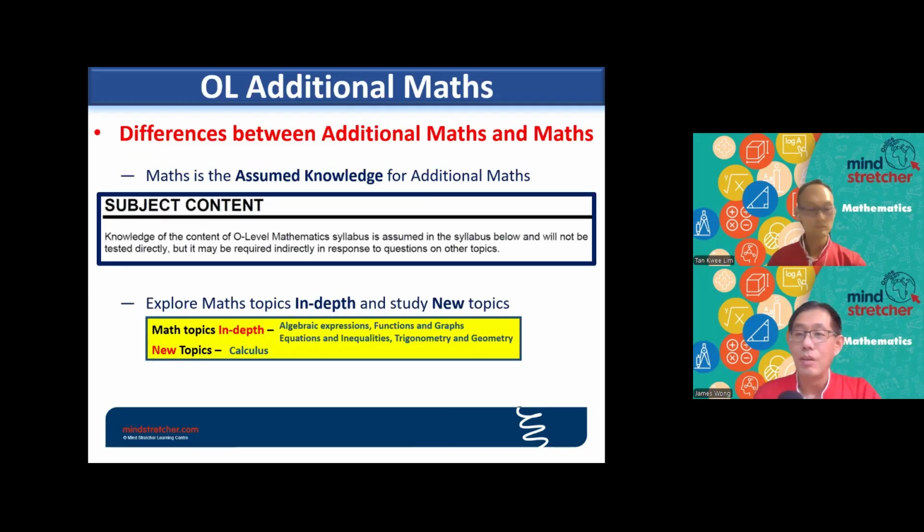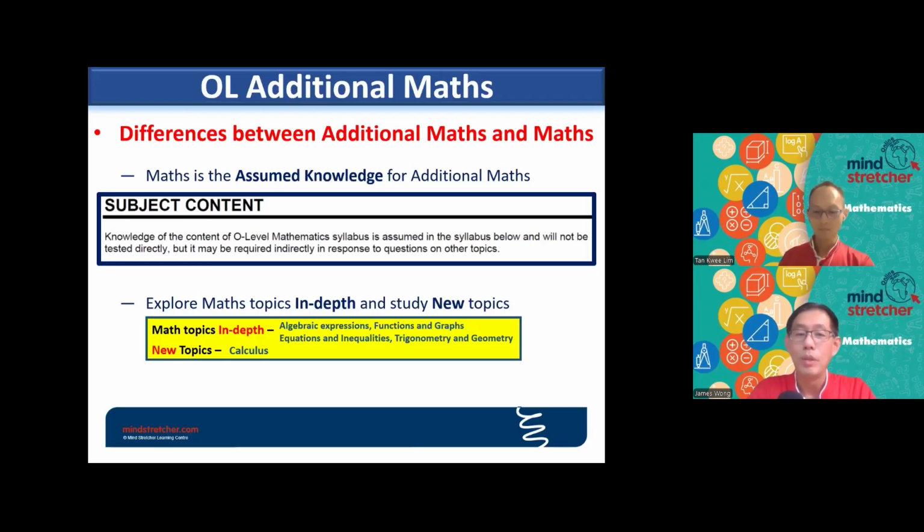Okay, now the next part that I want to share with all is with regard to the differences between additional math and mathematics. These two subjects that your child is taking in school have a couple of differences from different aspects. So I'm going to go through each one of them. For additional math, it is more in depth.